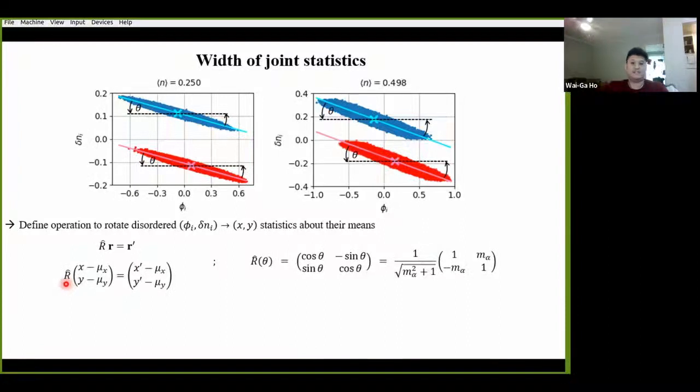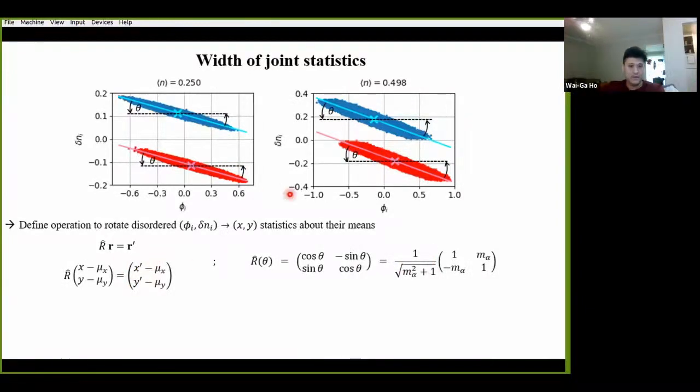And for any given species, this R is only going to depend on the slope corresponding to its associated QV line. And just to mention, we're keeping x and y instead of phi and delta n, again, just to keep our formula simpler, and the same for the prime counterparts over here.